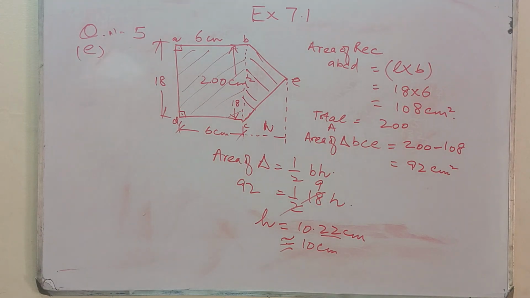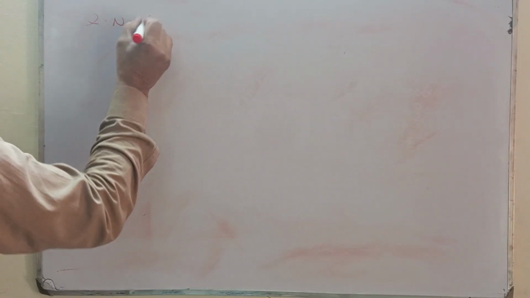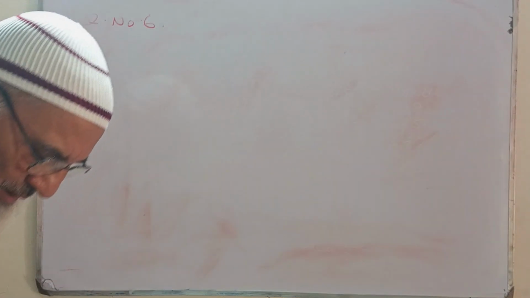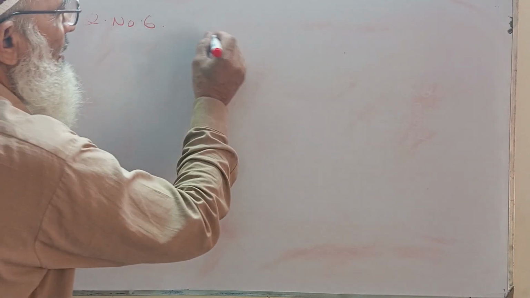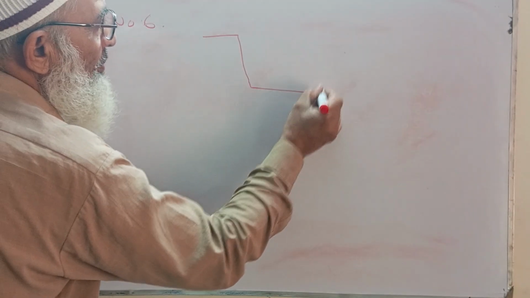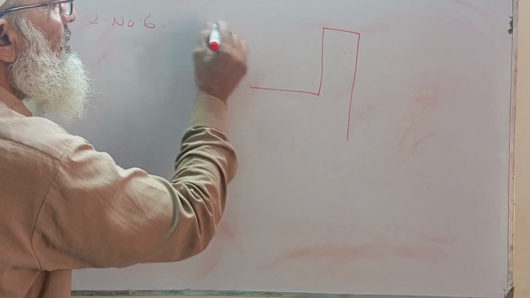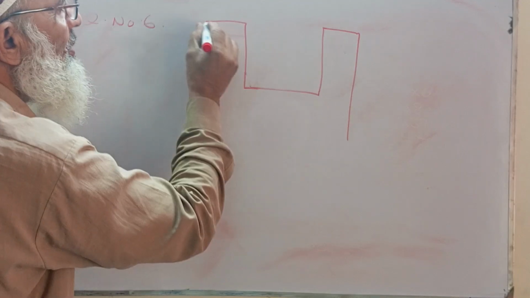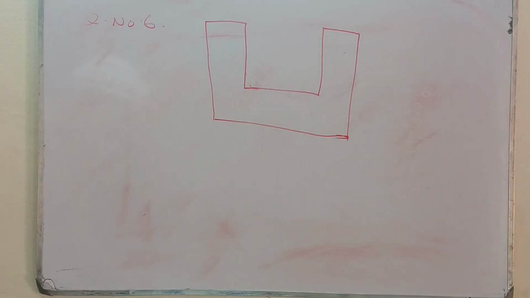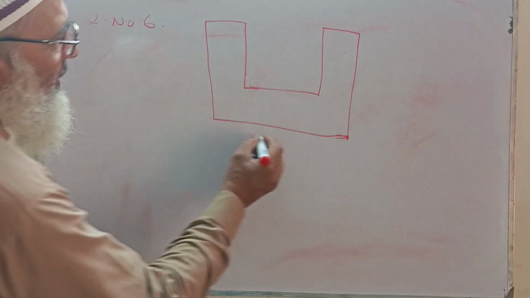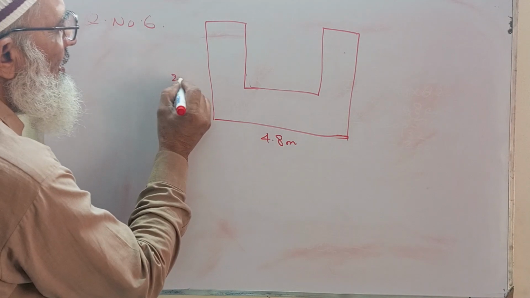Now there are some practical questions ahead of us. Question number 6 says, how many 20 by 30 centimeter rectangular tiles? Now this path is given to us like this, and also all the measurements are given: 4.8 meters, 2.6 meters.